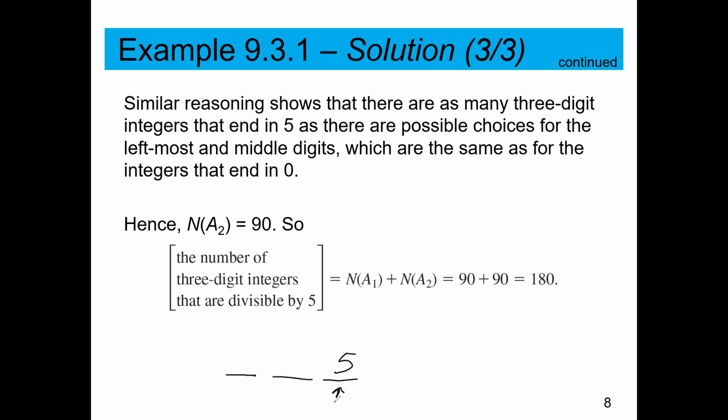There's only one option here. This first one, because it can be 1 through 9, there are 9 different options that can go in here. And this one, it can be 0 through 9, so there are 10 options, which again gives us 90 options. Add the two sets together and you get 180.